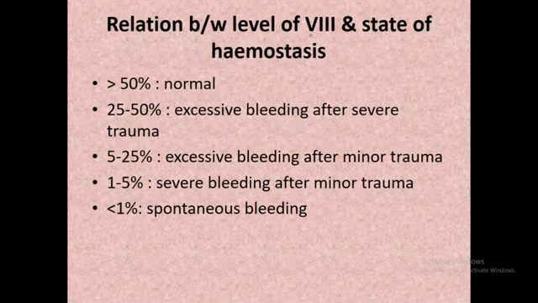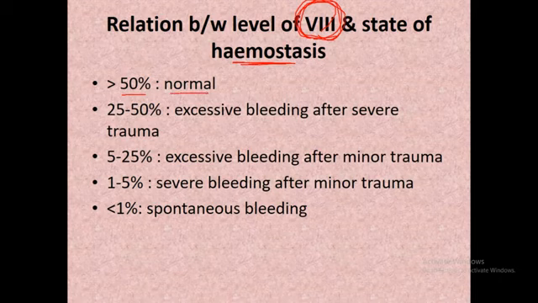Relation between level of factor 8 and state of hemostasis. So here factor 8 is the anti-hemophilic factor. Whenever the anti-hemophilic level is more than 50%, the condition is normal.